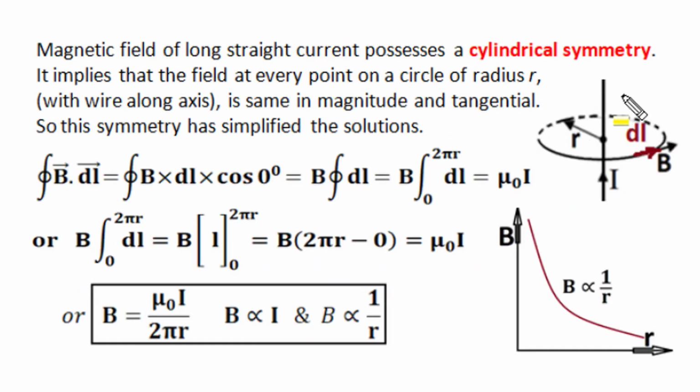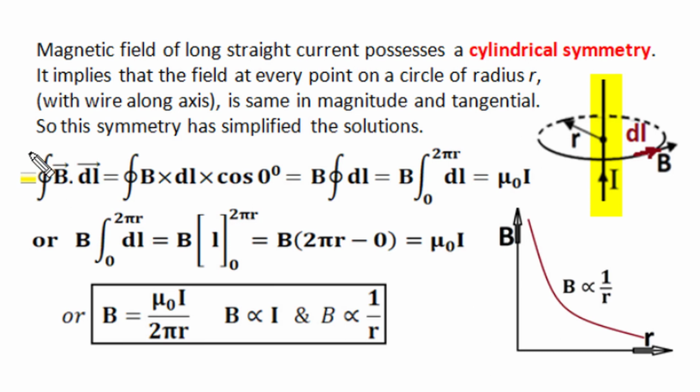Magnetic field around a long straight current carrying conductor has a cylindrical symmetry. It means the field magnitude everywhere on this circular path of radius r is constant and is also tangential to the circumference of this circle, and this symmetry will simplify our calculations.